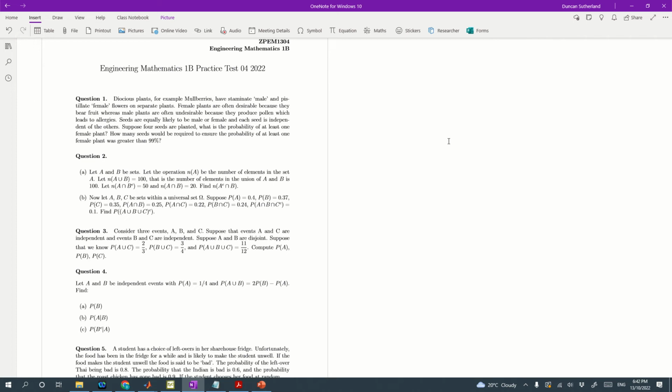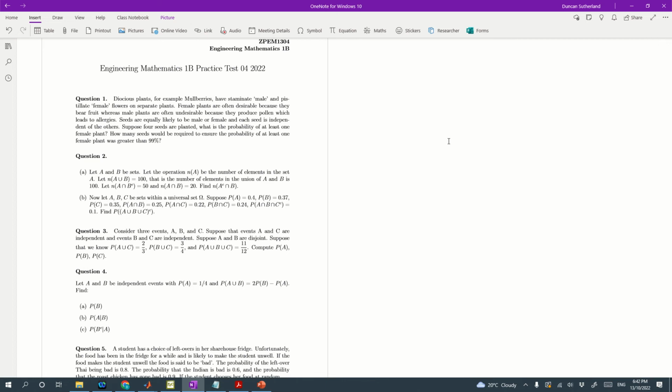We're going to plant 4 seeds, and we want to know the probability of at least one female plant. We also want to know how many seeds would be required to ensure that the probability of at least one female plant is greater than 99%. So we obviously increase the probability of seeing a female plant if we plant more seeds.